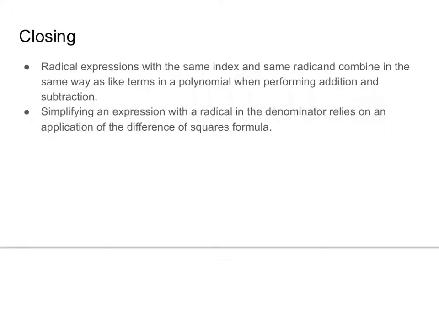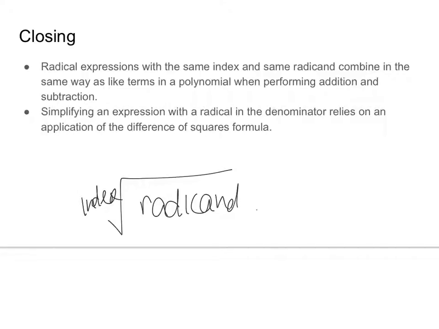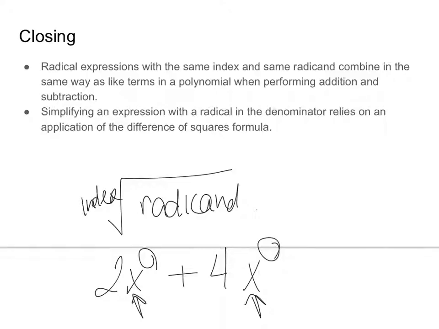And then in closing, radical expressions with the same index, okay, this is the index, and the same radicand combine in the same way as like terms in a polynomial when performing addition and subtraction. So it's like having, okay, these are the like terms because they have the same powers.